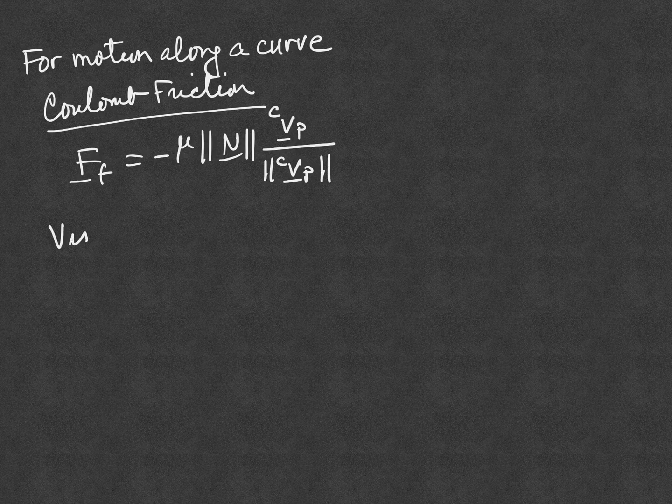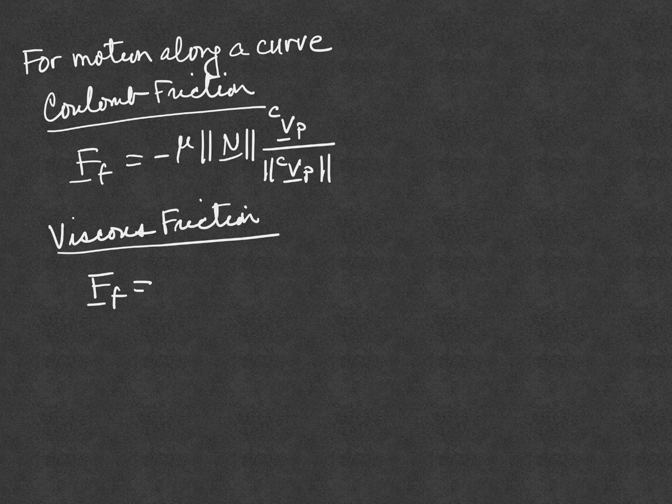And viscous friction looks very similar to what it looked like before, except for now we're dealing with the curve, which is that F sub F is equal to minus c times v^{P/C}.